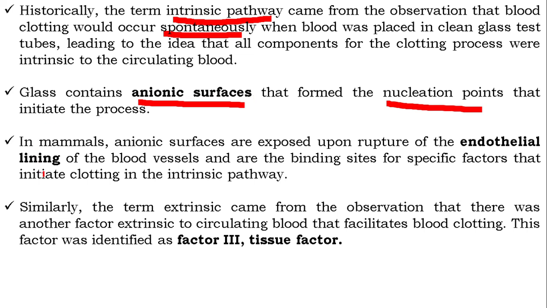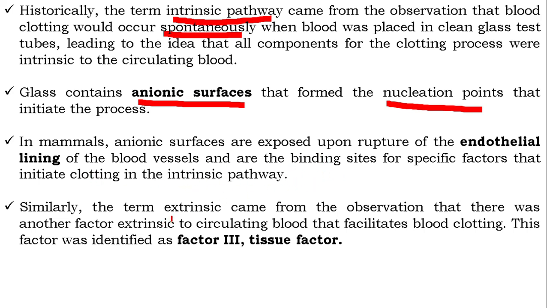In mammals, anionic surfaces are exposed upon the rupture of the endothelial lining of the blood vessels. So by the breakage of the endothelial lining, anionic surfaces are provided upon which these specific blood coagulation factors nucleate and the pathway begins.